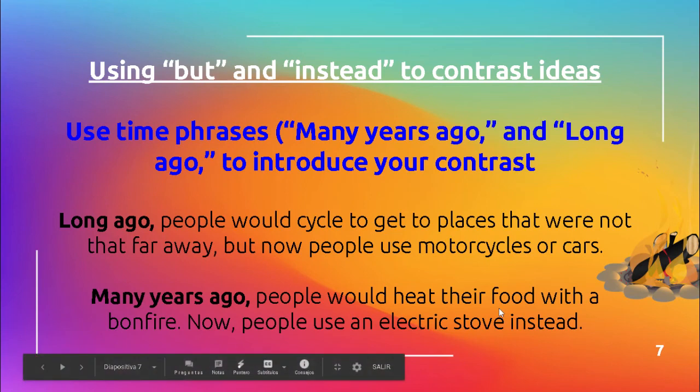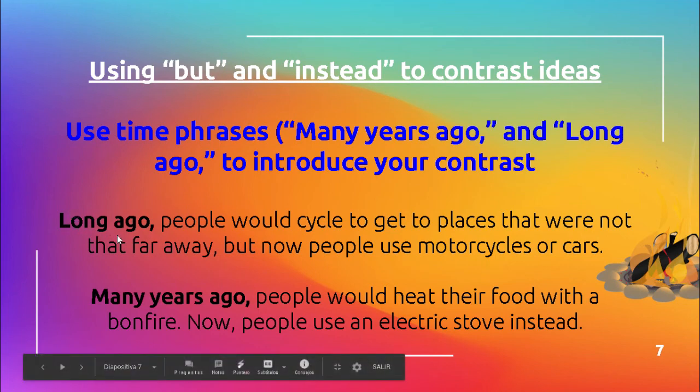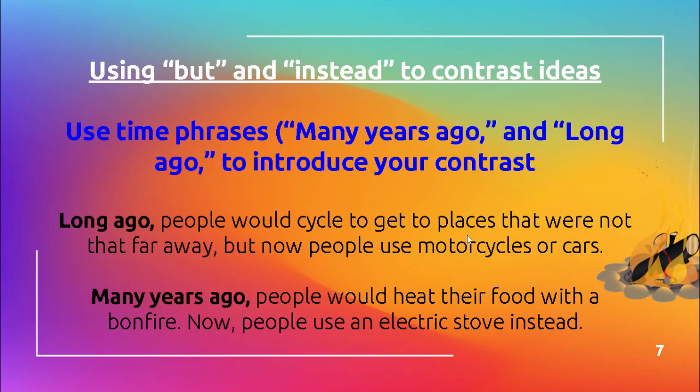Many years ago, people would heat their food with a bonfire. Now people use an electric stove instead. Okay, so you can see that we're using the phrases long ago and many years ago at the beginning of the sentence in order to express that something was done in the past.